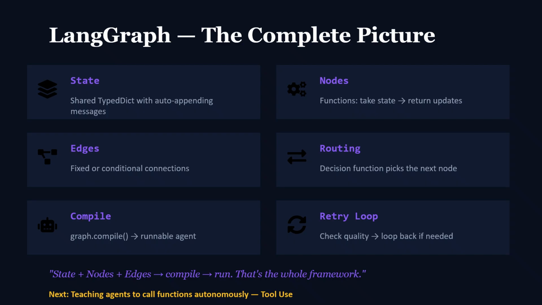Routing means decision functions that inspect state and pick the next node. Compile converts the graph into a runnable agent using graph.compile(), and the retry loop lets the agent check its own work and try harder if needed. The formula is simple: state plus nodes plus edges, compile, run.